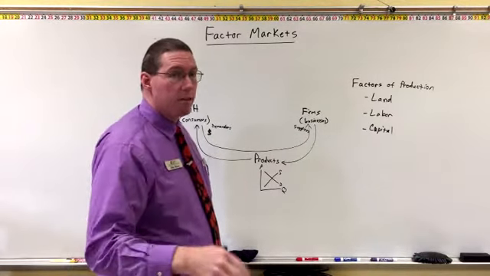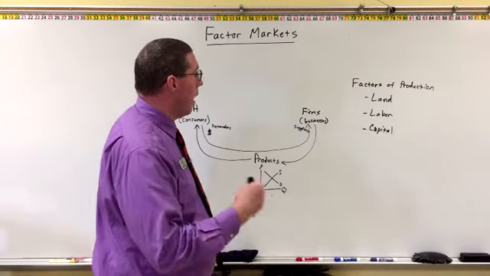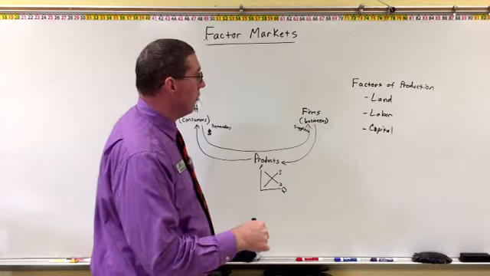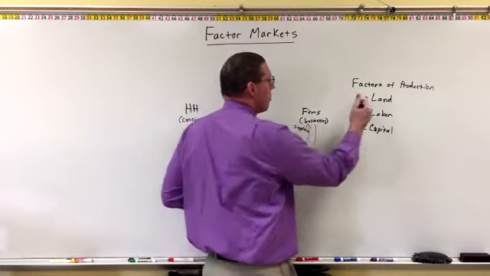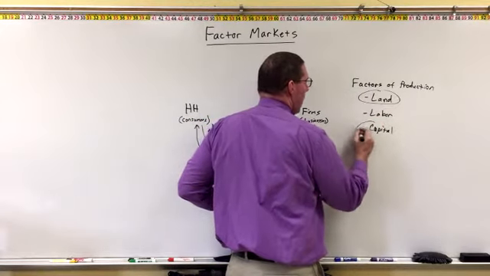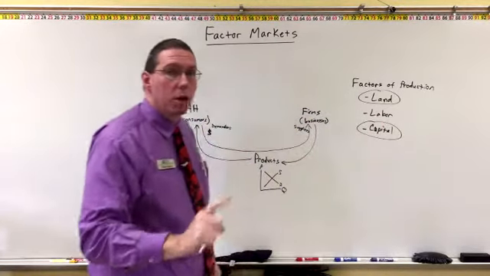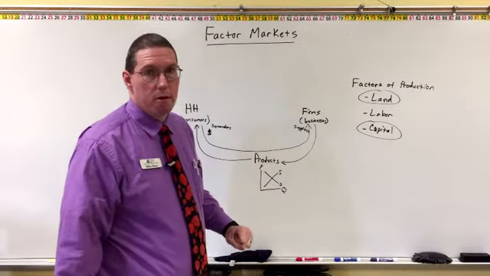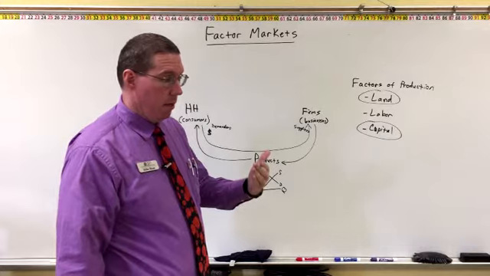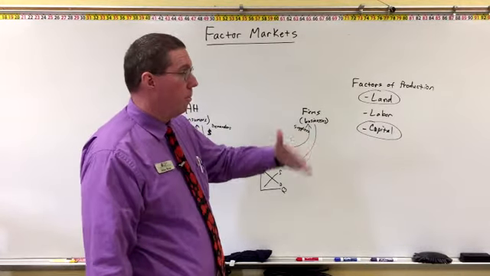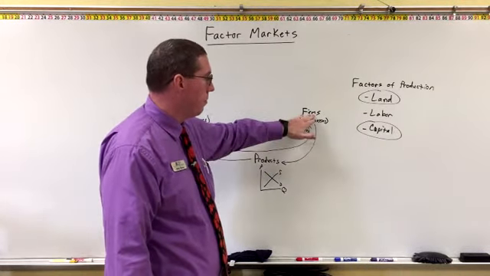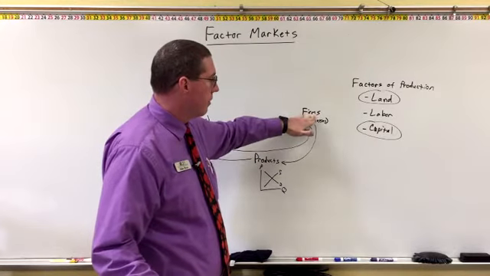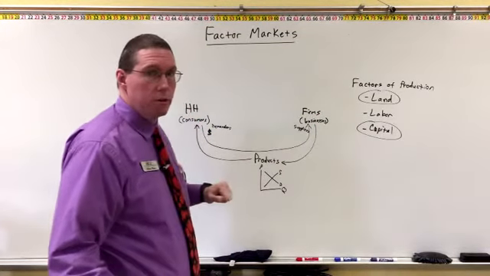Now, if you go back several lessons, I explained at the beginning of this unit that firms get land and capital from markets that are very similar to product markets, because of the value chain. There's a company that makes something that this company wants to use so they can make the final product and then sell it to consumers.